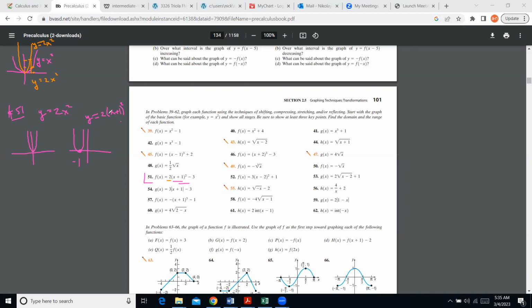But the idea is that we actually add 1 inside the parentheses, which means that this is the first thing we do to x, and that's actually moving the graph backwards along the x-axis, and that's why we bring the graph to the left.